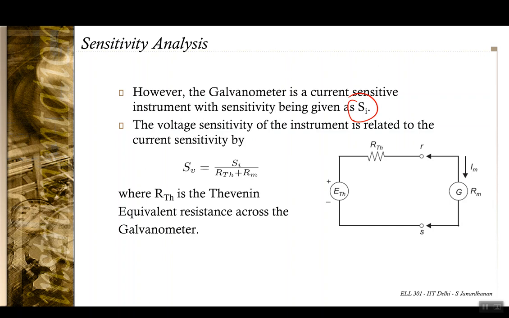In this case, if there is a Thevenin voltage ETH across the meter, and a Thevenin equivalent resistance RTH for the circuit when seen across the galvanometer, then the voltage sensitivity and current sensitivity are related by this expression, where Rm is the meter resistance.